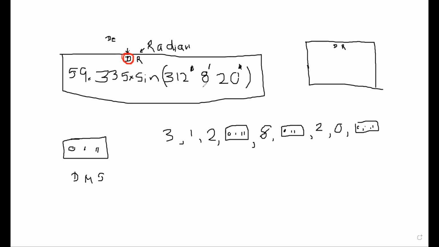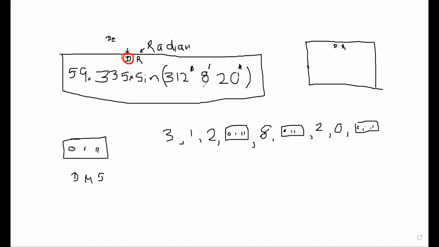So you have to change the units with the mode button. When you press the mode, it will show degree and radian, and you must select the degree mode, and your calculator should be in degree mode.